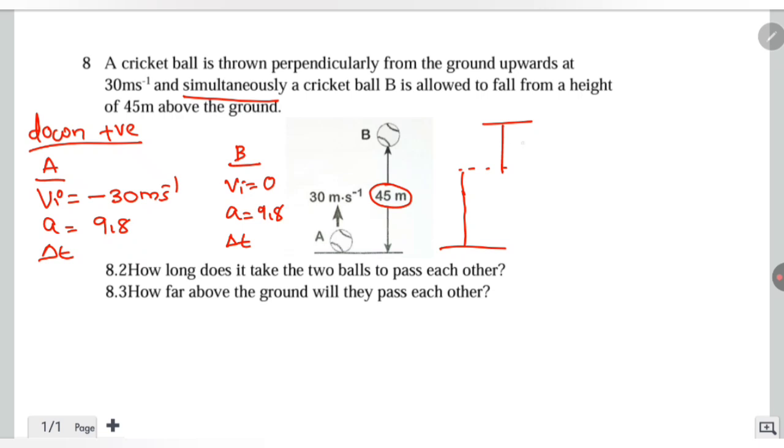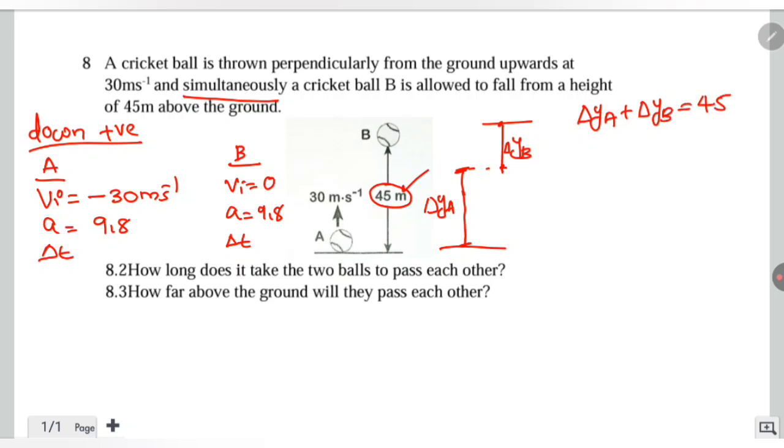If you consider the displacement of B from here to here, this is delta YB, and from the ground to this position where they pass each other for A is delta YA. When you add them, it's equal to 45 meters, right? So we are making use of that. So delta YA plus delta YB is equal to 45.